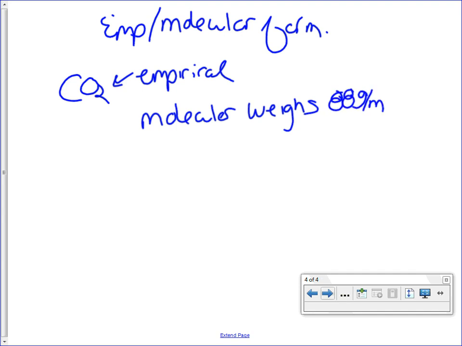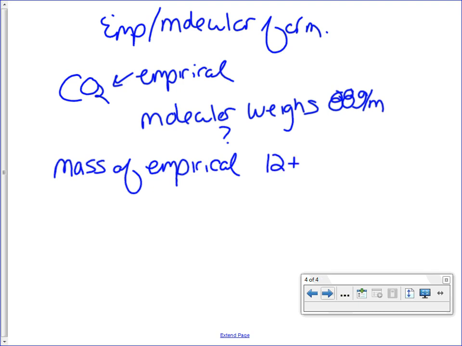So what is it? First thing you need to do is figure out the mass of your empirical formula. In this case, from your periodic table, it's 12 plus 16, but there's two of them. It weighs 44.